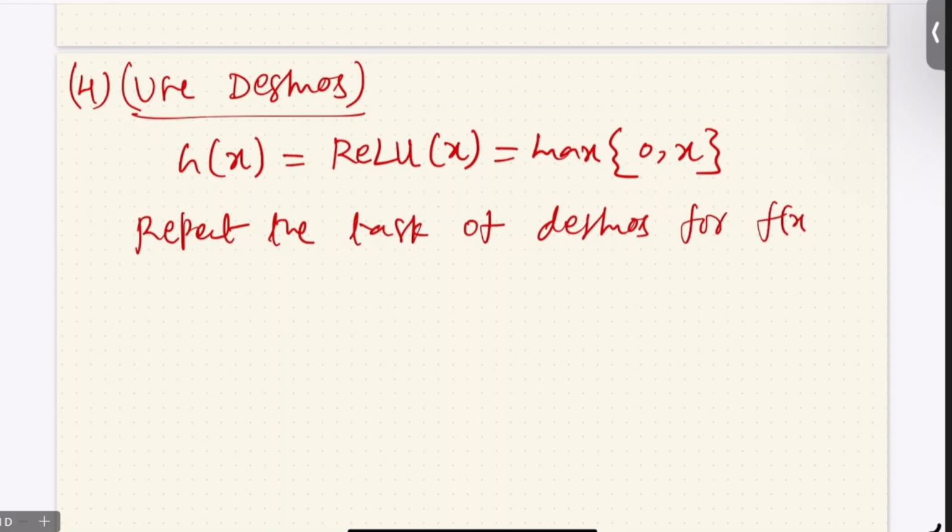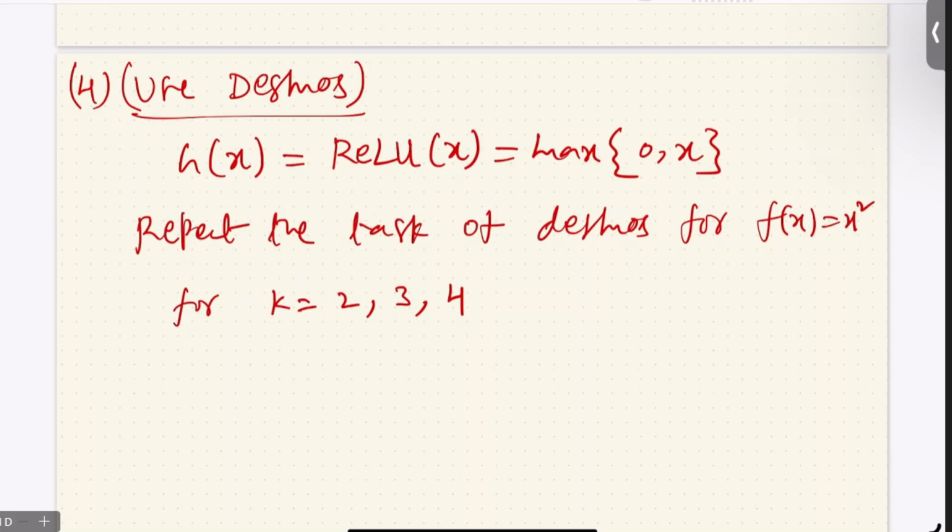for f of x equal to x square, but now use two hidden layers, three hidden layers and four hidden layers. It may be a little hectic as you are increasing the number, but try to spend enough time, 2, 3, 4, using ReLU as well as sigmoid.